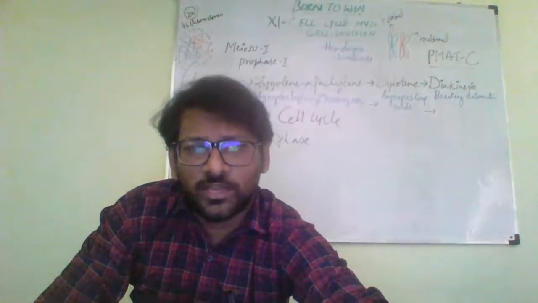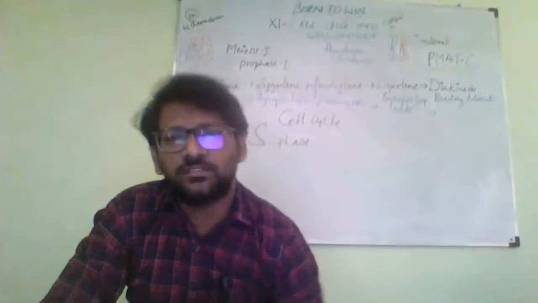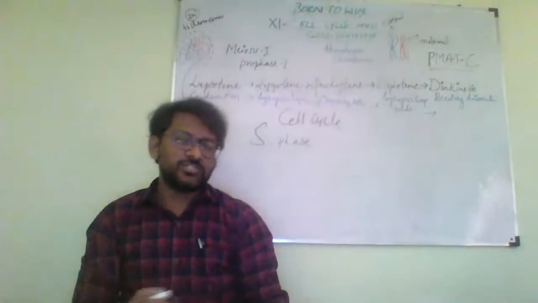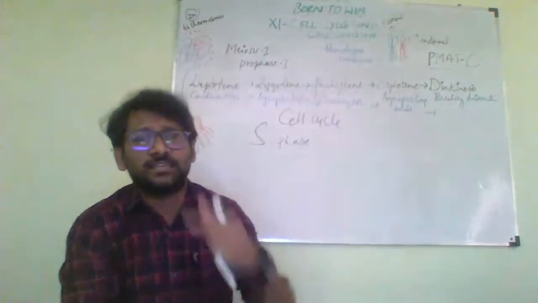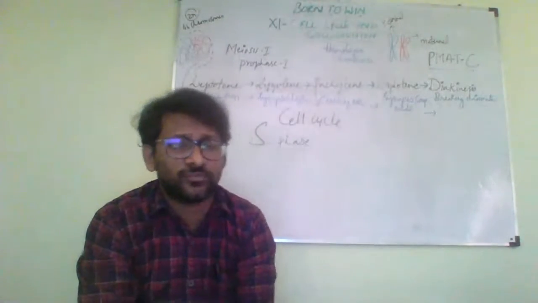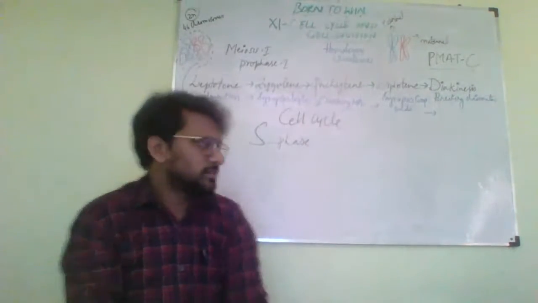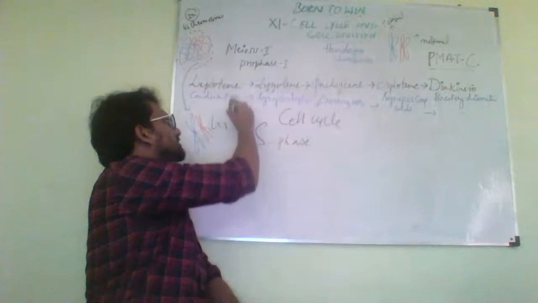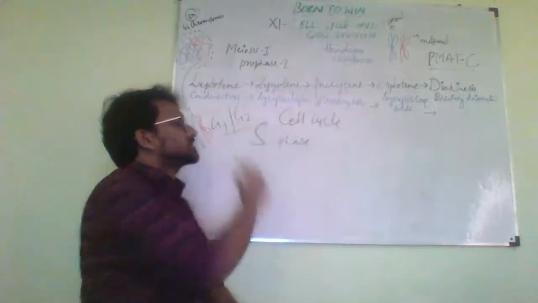Okay, and what happens in the G2 phase? G2 phase can be considered the second growth phase. The first growth phase is G1, and the next growth phase is G2.